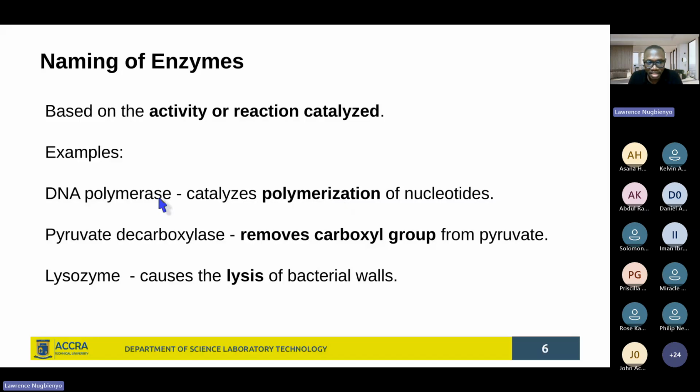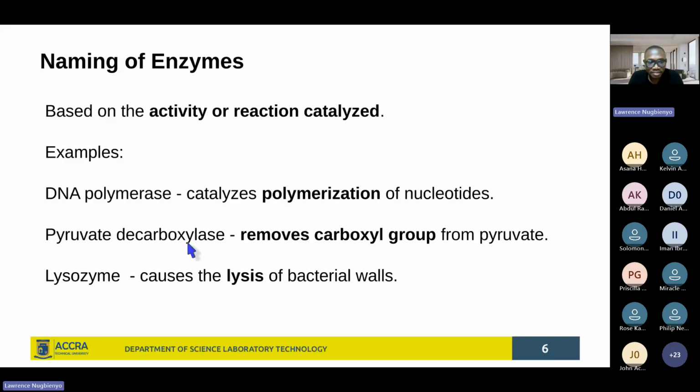So you see, it is still ase that is being attached, but this time around the suffix ase, A-S-E, is added to the process, not to the name of the substrate. The next example you are seeing is pyruvate decarboxylase.